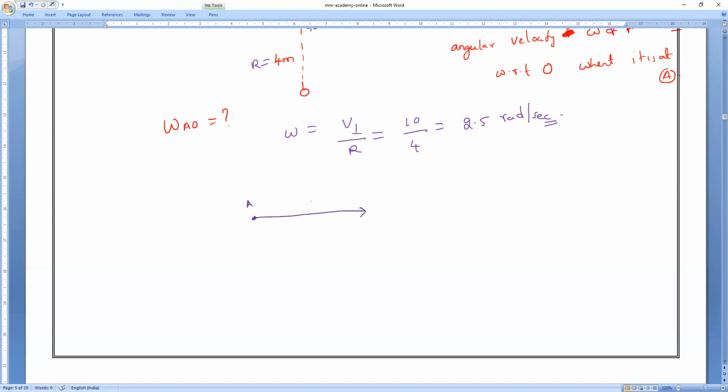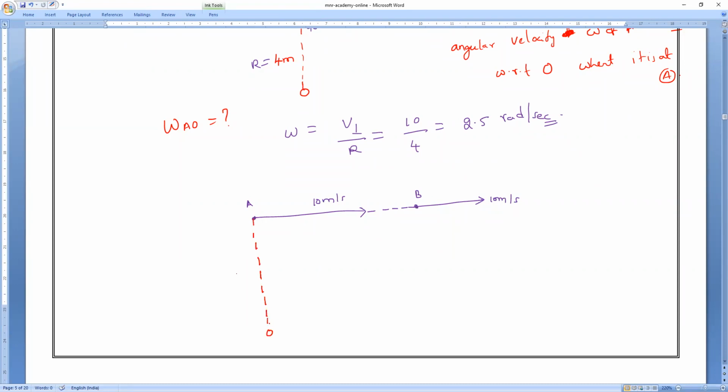Understood? Yes, please. All of you. Now the body is at what point, everybody? B. Is at what point? B point. So again it is traveling with the same 10 meter per second. And the circular motion, if you have noticed, initially when it is at point A, that's fine.